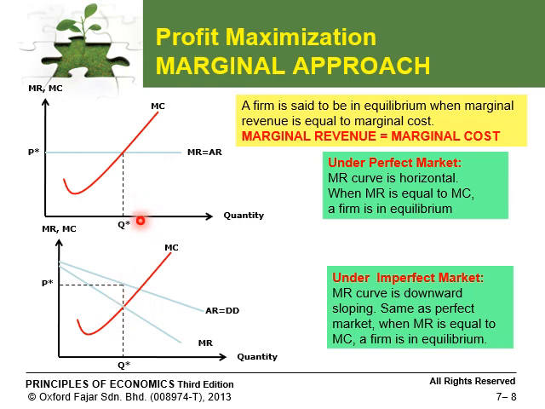See, this is for the perfect competition market. The graph, the curve looks like this. Meanwhile, for the imperfect market, the curve will look like this. How to find profit maximization? The marginal cost needs to intersect with the marginal revenue over here. So this is the point.